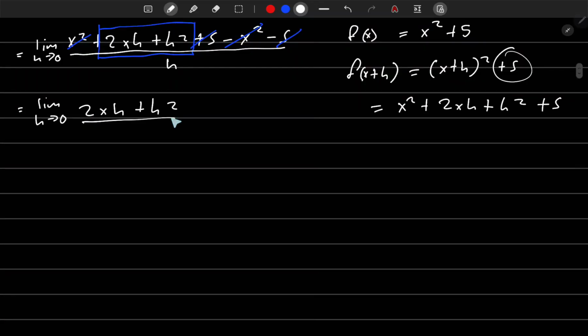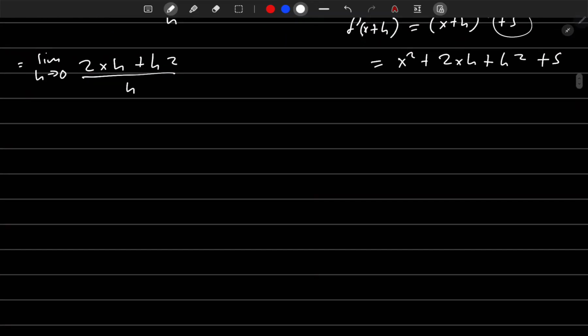So this is going to be over h, and now remember, we can factorize the top. We can factorize it as h times 2x plus h, over h, and then this h will cancel with that h, and I'm left with 2x plus h.